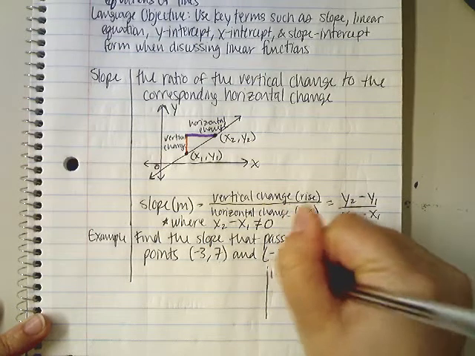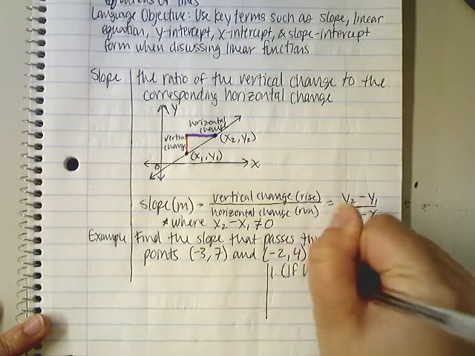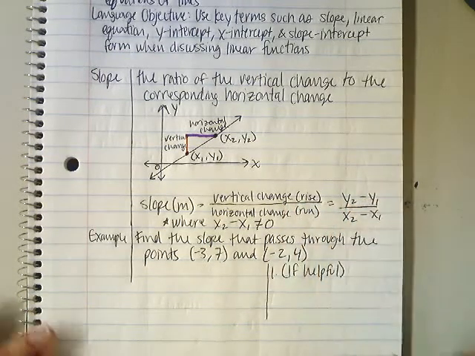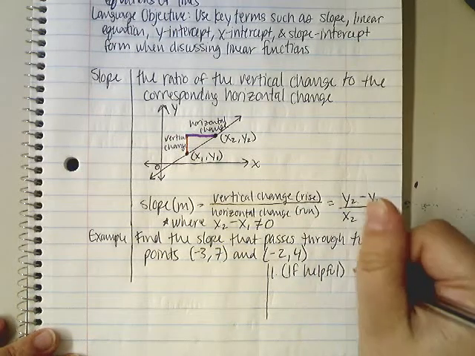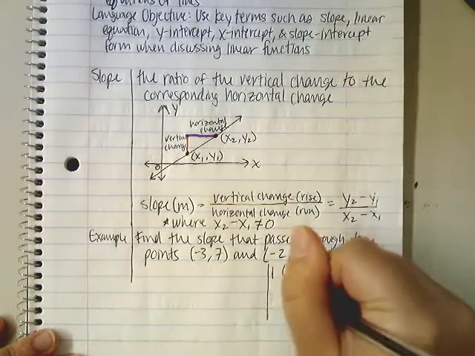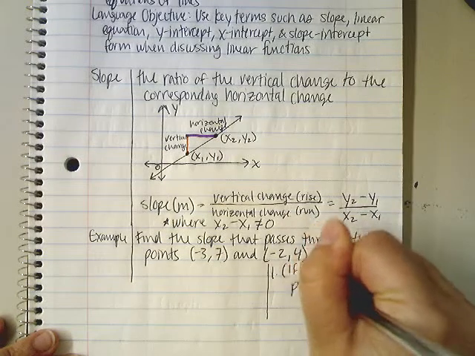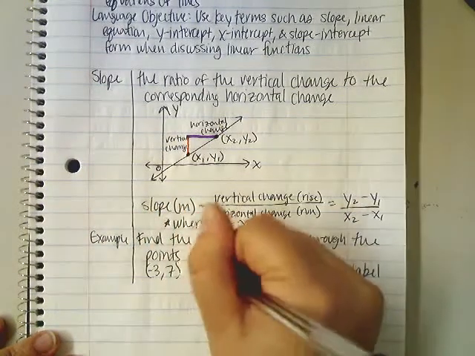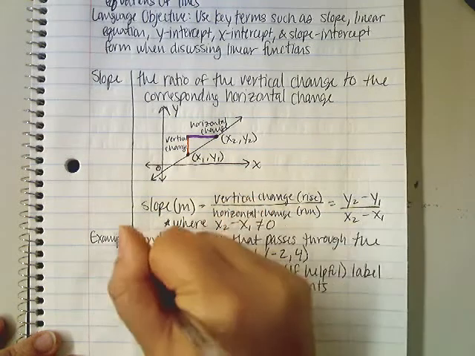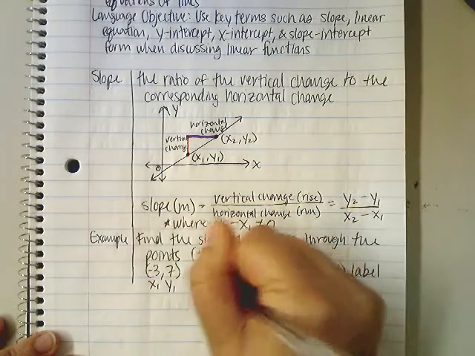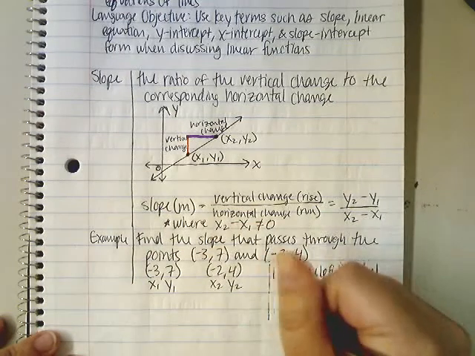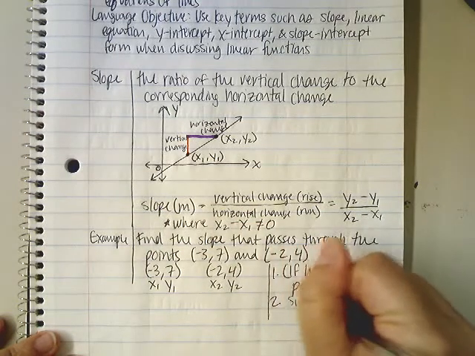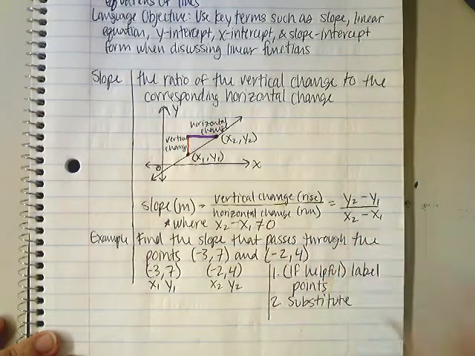If it's helpful, if you realize you are losing track of which x's go with which y's, I'm going to have you label the points. So I'm going to rewrite them: (-3, 7) and (-2, 4). I'm going to call this x1, y1, and this x2, y2. Then I'm going to substitute into my slope formula.